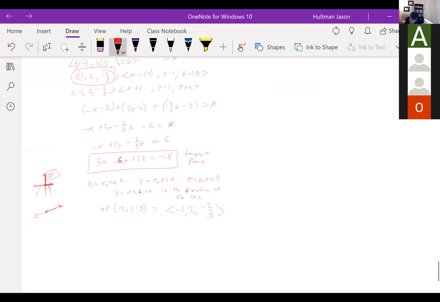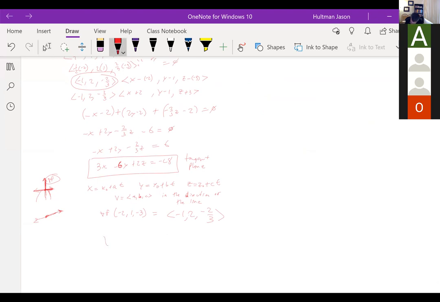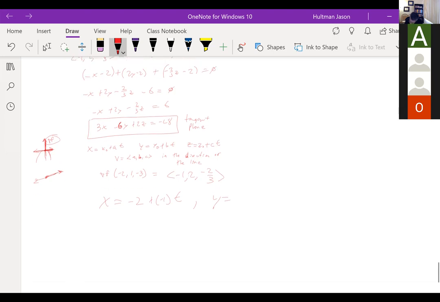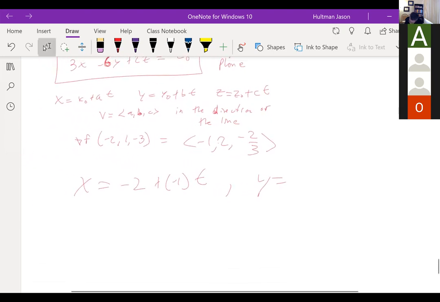So what's x naught? X naught is -2. X equals -2 plus -1t. Y equals y naught, which is my point, 1, plus bt. Again, this is A, B, C, and this is x naught, y naught, z naught. 1 plus 2t.